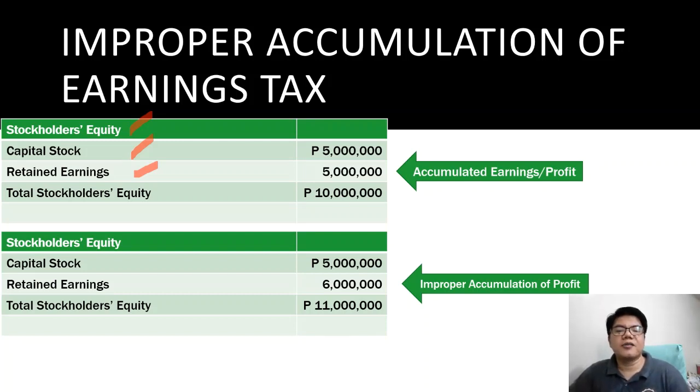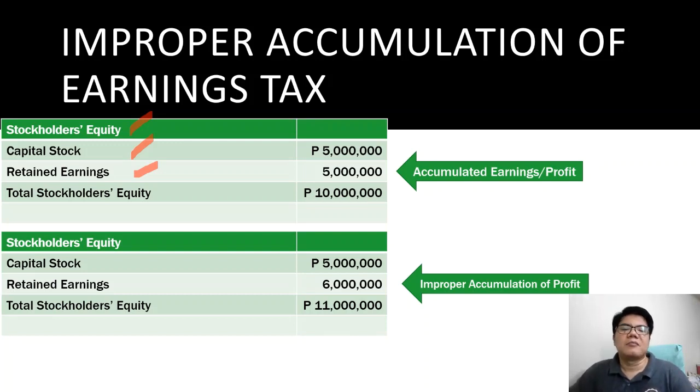So, what the government will do, since it also cannot be unhappy, is charge a 10% tax on the improper accumulation of profit, which is 1 million of the 6 million retained earnings. As you notice, if your retained earnings is equal to your capital stock, it is not yet an improper accumulation of profit, under the tax code and corporation law.